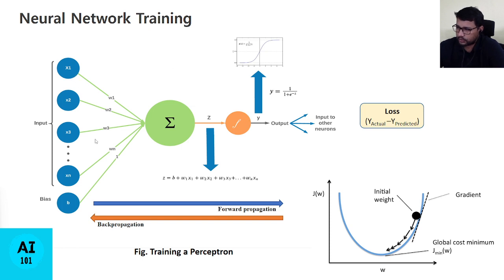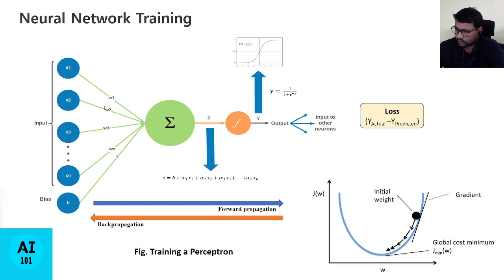In the neural network, this is one perceptron, and here you can understand how the neural network can train. For example, here x1, x2 to xn are the inputs, and this is the bias, and you have the weight associated with each input.